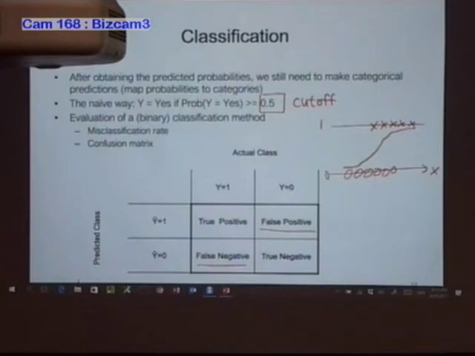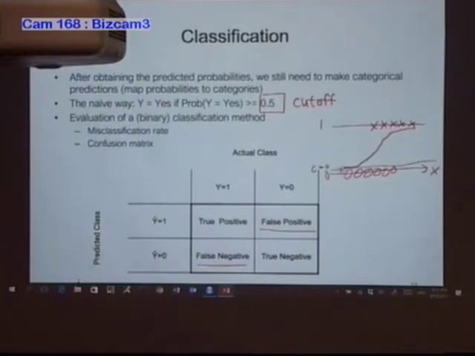So let's think about if we have a very low cutoff. Cutoff is 0. What do we mean by cutoff is 0? Everybody whose probability is below the cutoff is labeled as 0. Above the cutoff will be labeled as 1. If we have a cutoff of 0, we label everybody as 1.